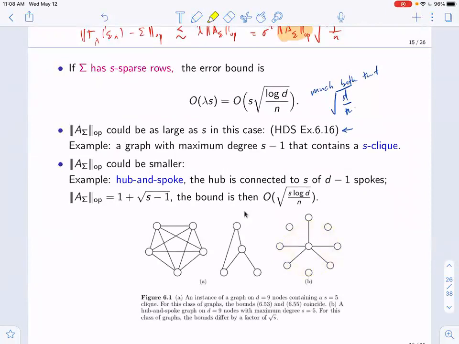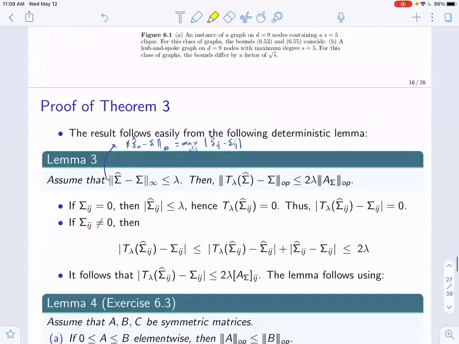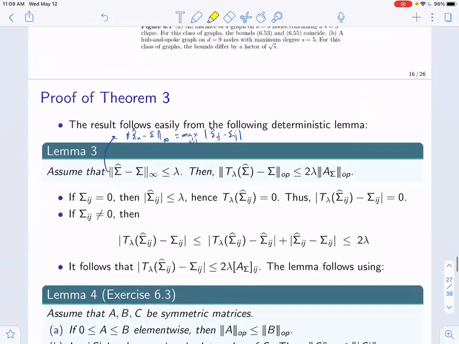But in any case, the dependence on d is much better relative to the case where you don't assume anything. Okay, so questions about this? Everything is good.